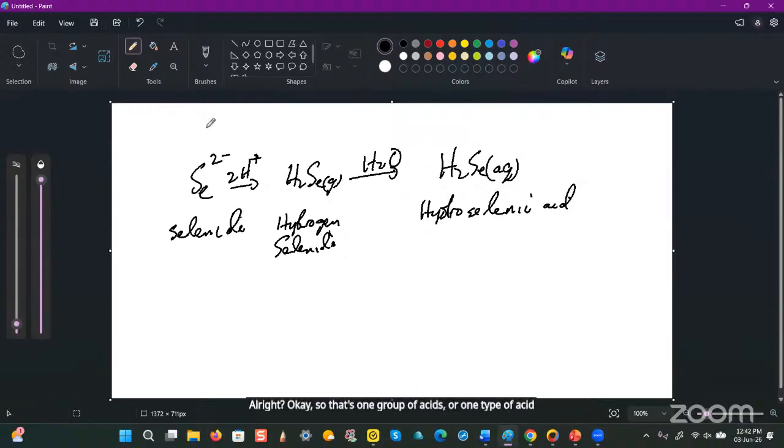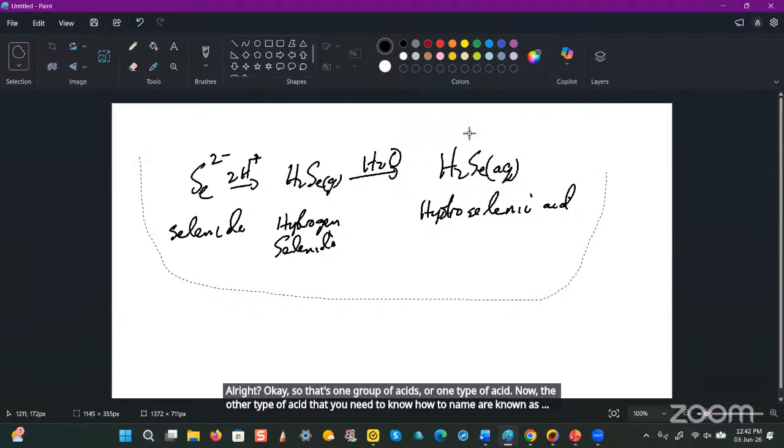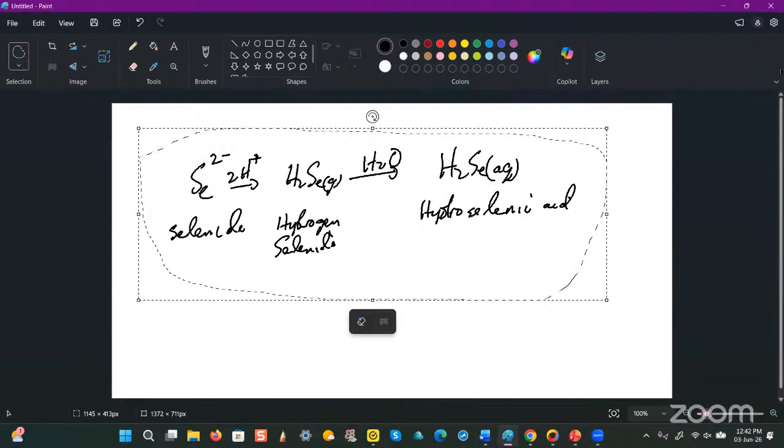Now, the other type of acid that you need to know how to name are known as oxyacids.